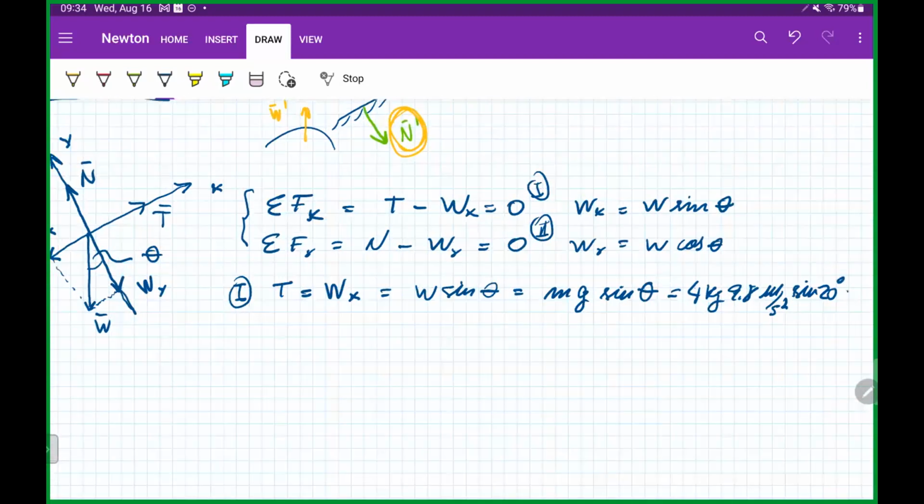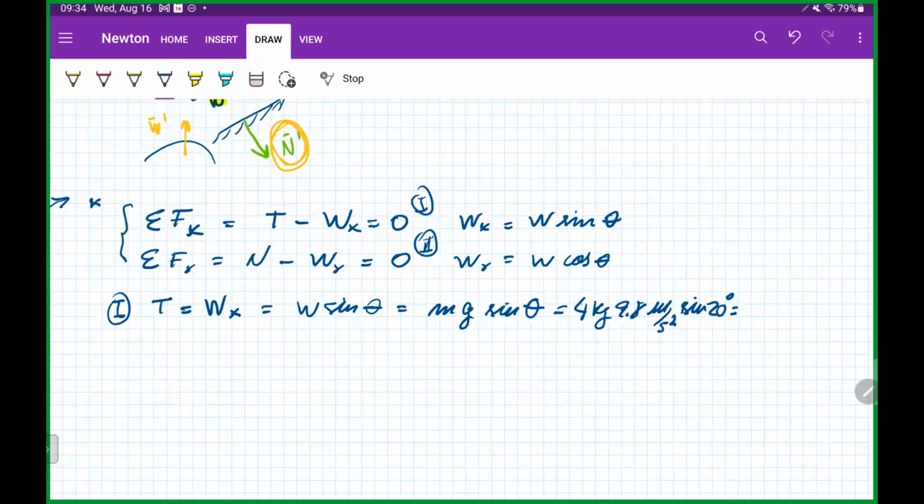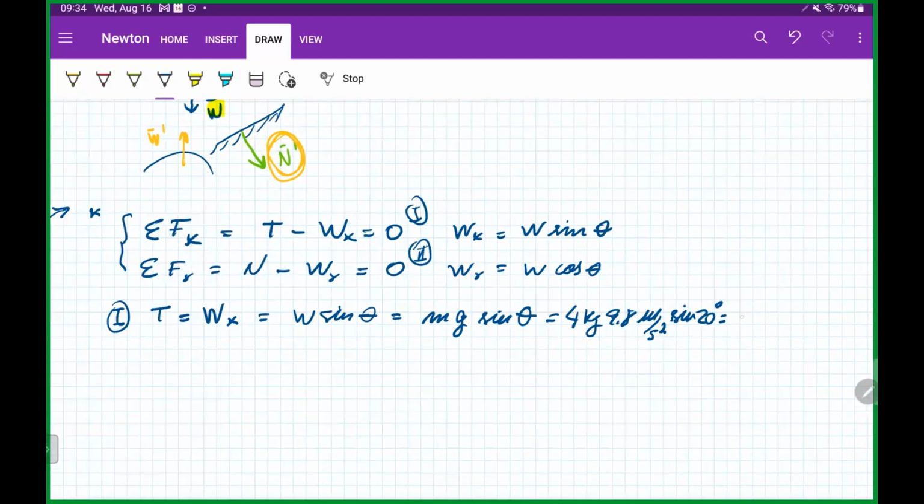And that will give us, if I got it right, 13.41 newtons. And that's the tension.